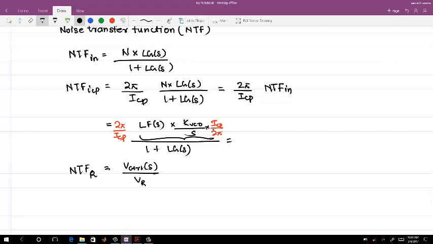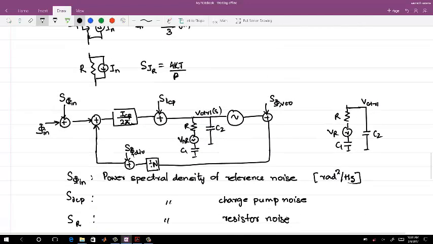Okay. And this is multiplied by KVCO over S divided by 1 plus loop gain. So I found V control. V control to output is only KVCO over S. Okay.